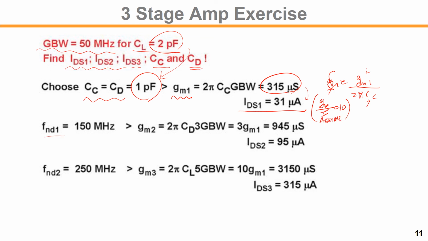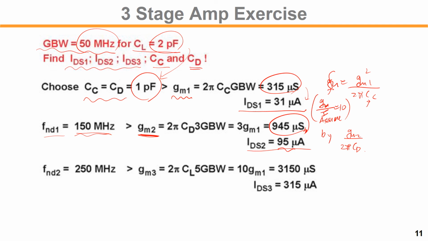Now the first non-dominant pole must be at least 3 times larger than 50 megahertz. So that would be 150. That would be by the GM2 over 2 pi CD, right? By using that, we can calculate the required second stage GM, 945 microsiemens, and each current level.